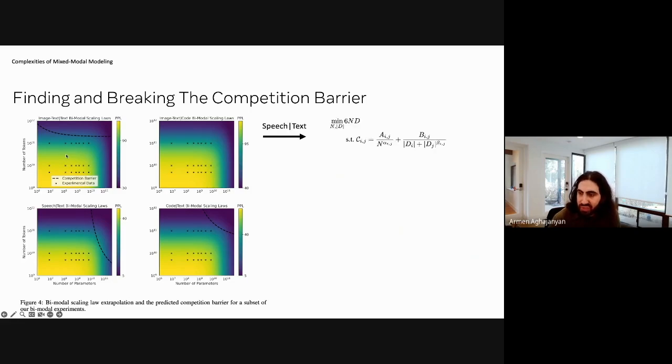So what we did is we said, okay, I think the cheapest thing to break the competition barrier would be the speech text. So let's try to break the competition barrier for the speech and text modalities, right? So you get this really nice formula, which is to minimize the flop count. It gives you a nice approximation for the flops to train a model of size N parameters and D tokens such that we are breaking the competition barrier.